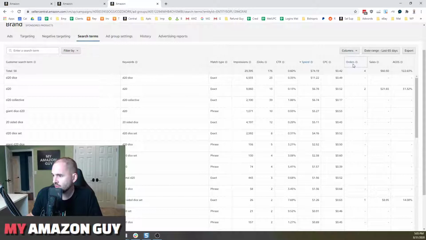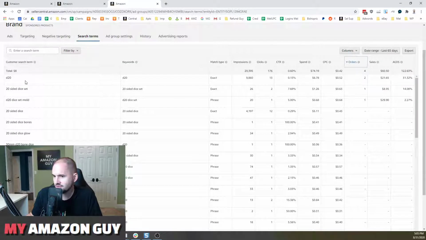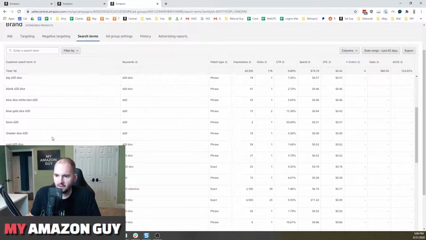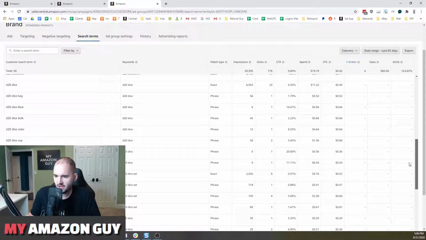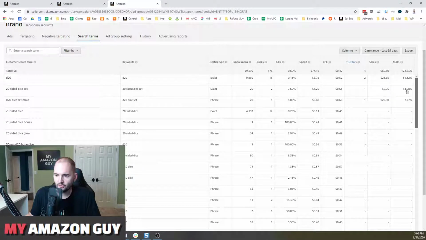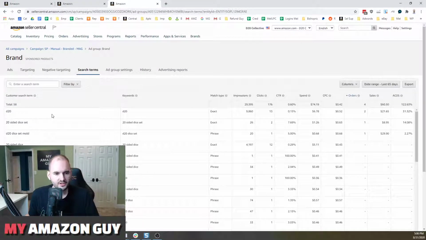If we were to sort by orders, we would basically see that they're getting orders off D20, 20-sided dice set, and D20 dice set mold. Because of that, it's difficult to know whether there are any obvious negations in this particular setup. I don't think negating the term D20 is the right move on this campaign.